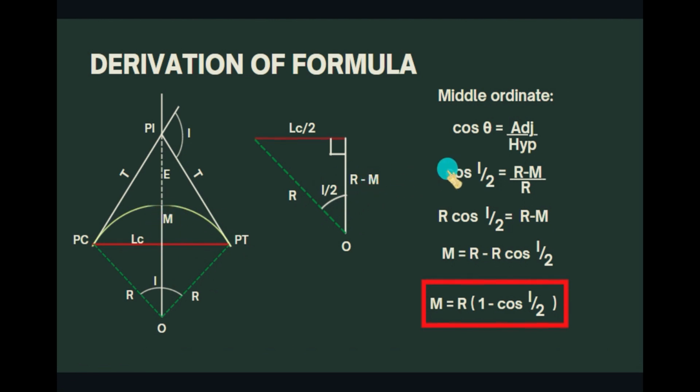We can use the trigonometric identity of cosine, which is cosine theta is equal to adjacent over the hypotenuse.